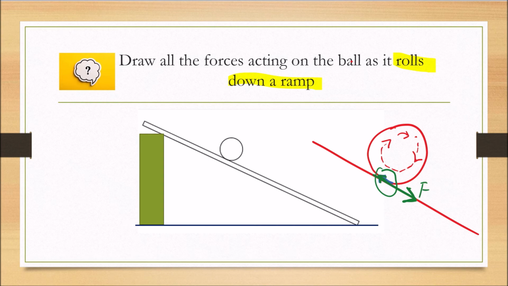So for you, when you're doing this question, you have to do something like that, and there is friction. You can draw all the three: friction, gravitational force, normal contact force, all on the same diagram. This is because of the word rolling. It's a ball rolling down, so you have to have other considerations.